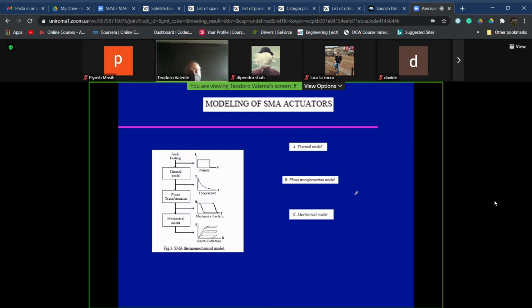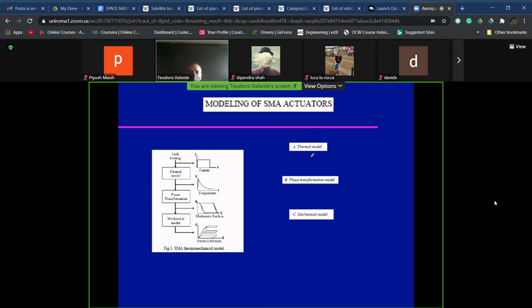We need thus something which is before this thermal model, which is the point B we have discussed, the phase transformation model, because we need to condition the temperature value. And so we need a thermal model in the sense that, for example, applying a current density, a current intensity, we must be able to say after what time that value of temperature has been reached, okay?